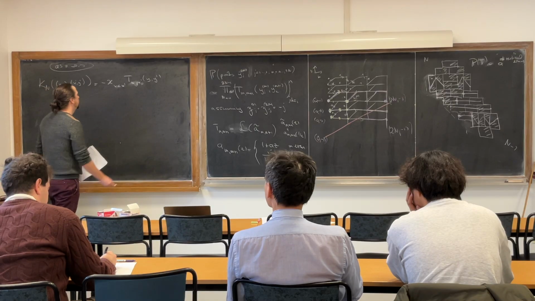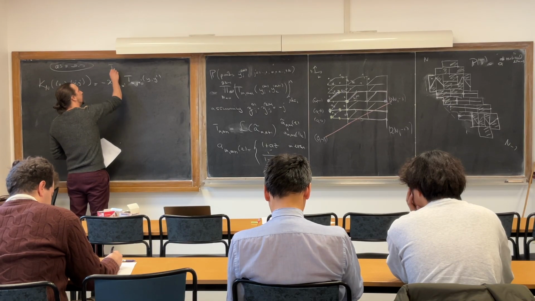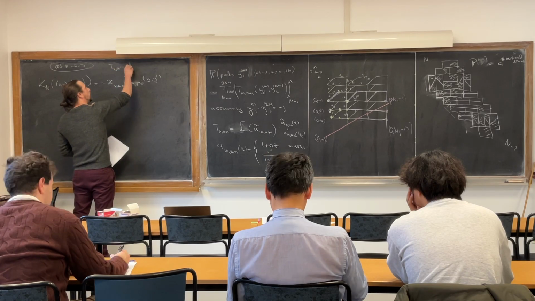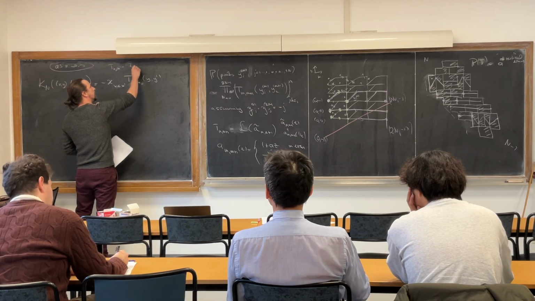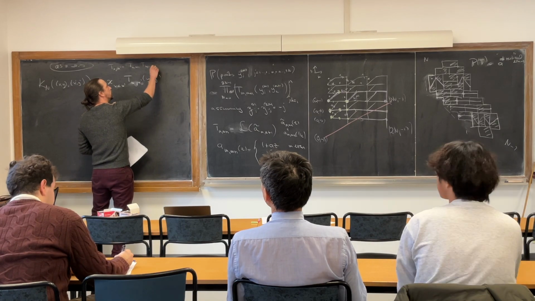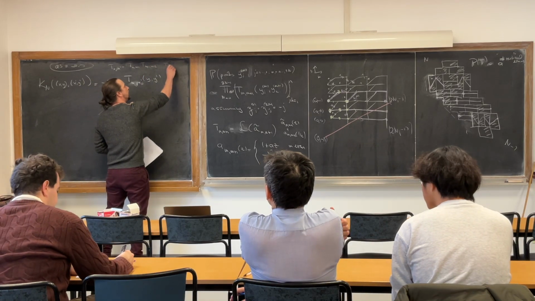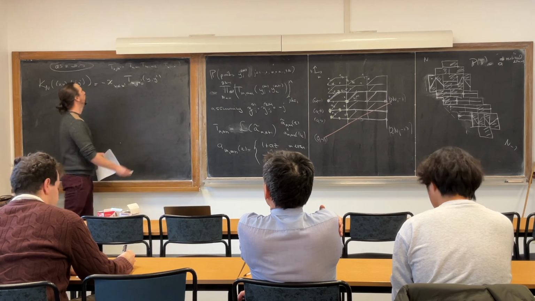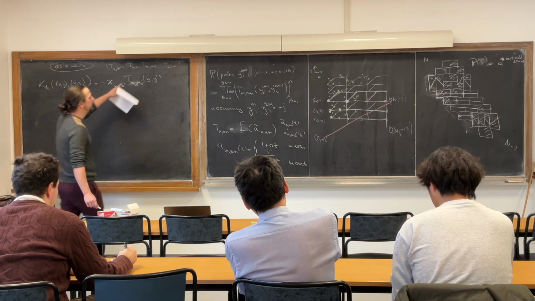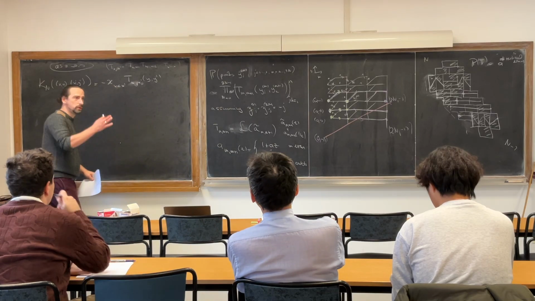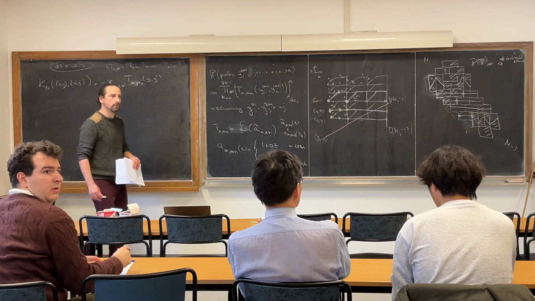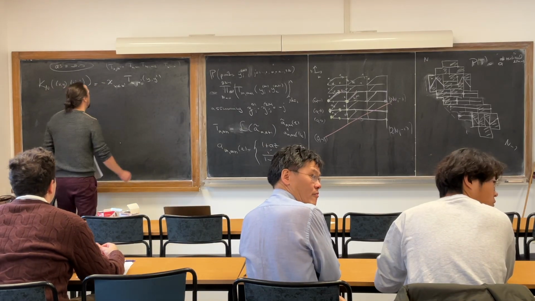Here the notation is that t from x to x prime is the product t of x to x plus 1 times t of x plus 1 to x plus 2, and so on, to t of x prime minus 1 to x prime. That's the notation I have here. So this is just taking the product of the matrices, it's just a transition to go from y to y prime from time x to x prime.